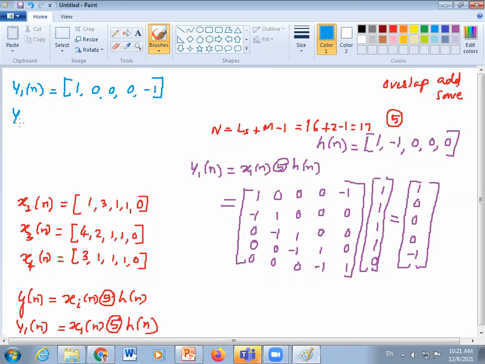Calculate for y2 of n, which will be equal to y2 of n. The x2 here will be 1, 3, 1, 1, 0.